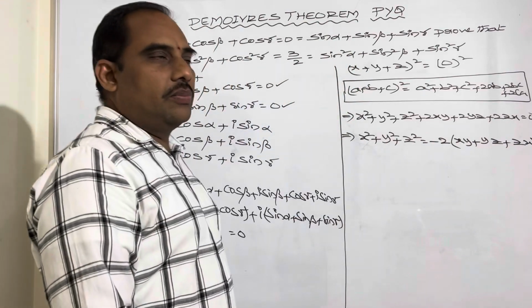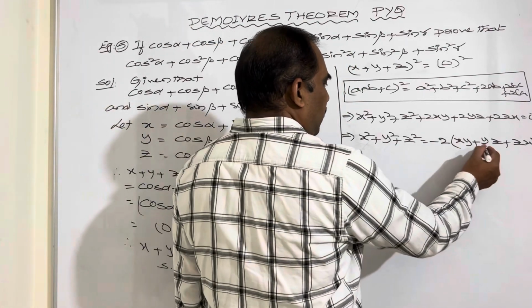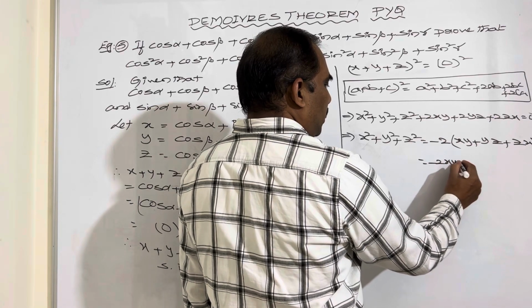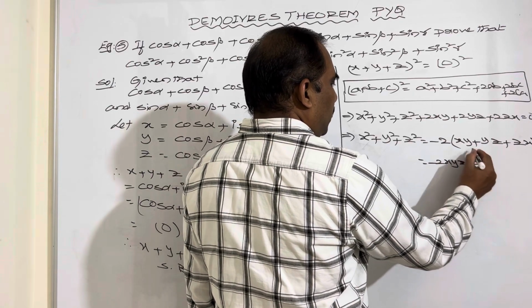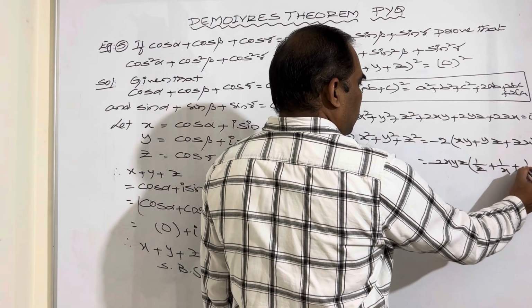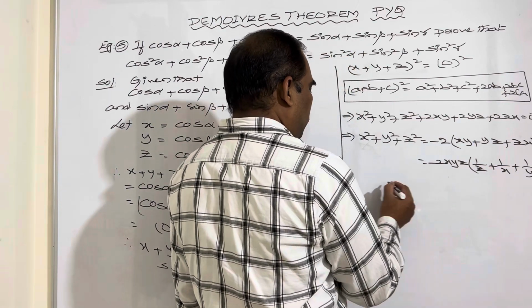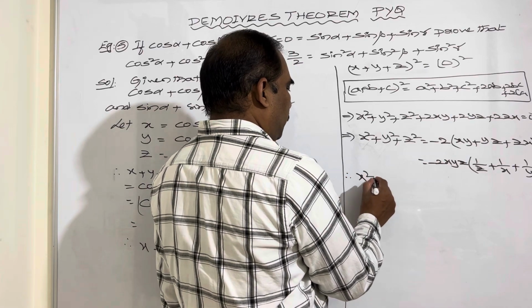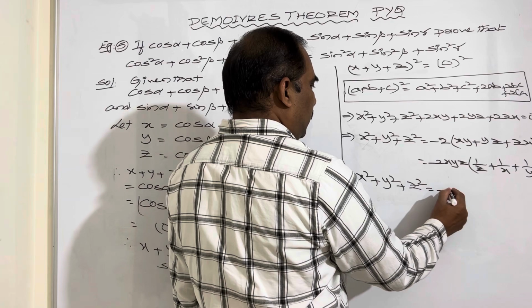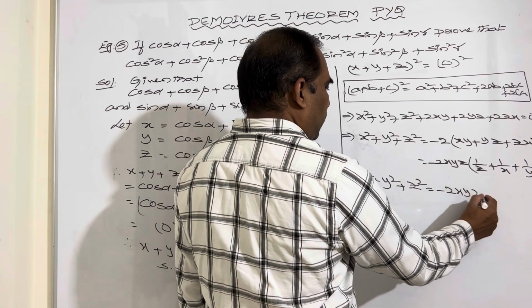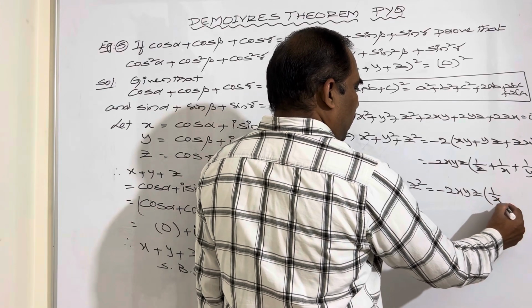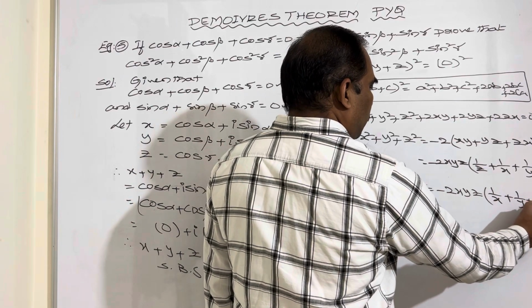Further it can be written as, if we take x, y, z common in all three terms, we can write 1 by z plus 1 by x plus 1 by y.